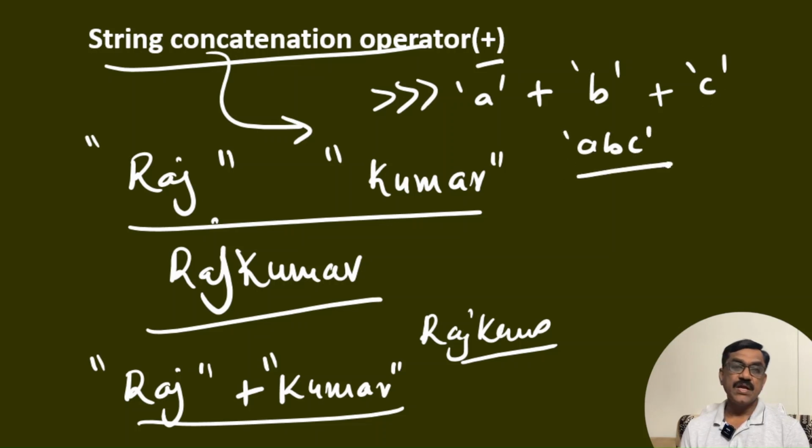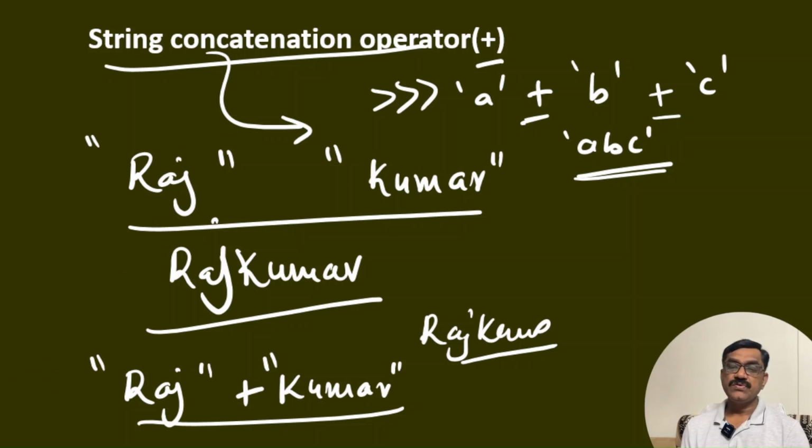This is the resultant string ABC. Why? Because B is added at the end of A and C is added at the end of B. This is how this concatenation operator is going to work. A string concatenation operator concatenates two strings. We can also use it to concatenate multiple strings by using the sequence of plus symbol. This is the example for string concatenation.